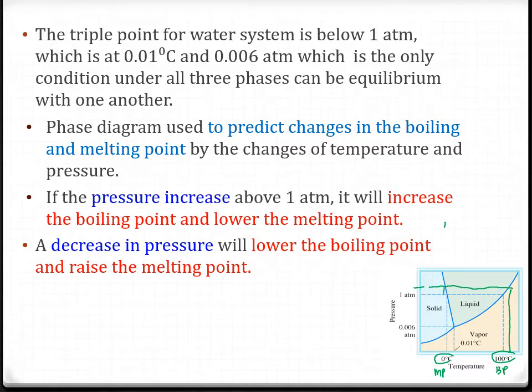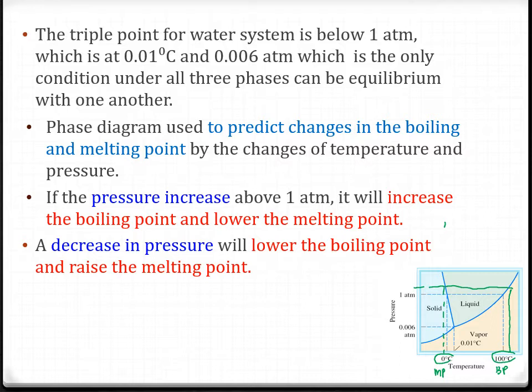So meaning that the value of melting point of water is less than 0 degrees Celsius, and the value for the boiling point of water will be more than 100 degrees Celsius.